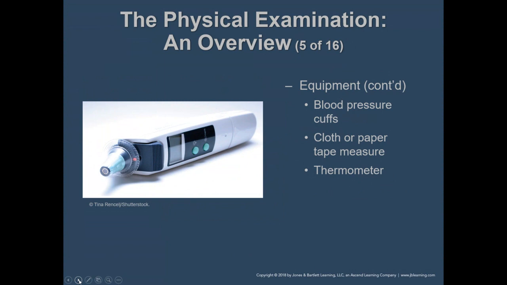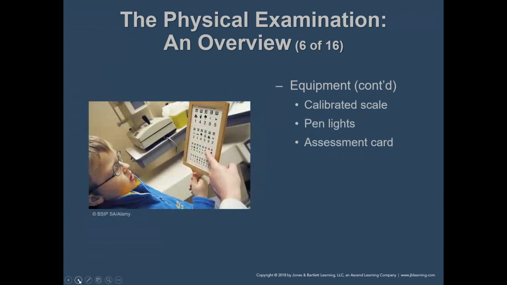If you know how to use it, that would be great. Eye charts. Most of the time, we don't have that. Could we get them to focus on something, read something? Yeah, it might be kind of important to that. But having an assessment card or something pre-made like this, no, we don't.